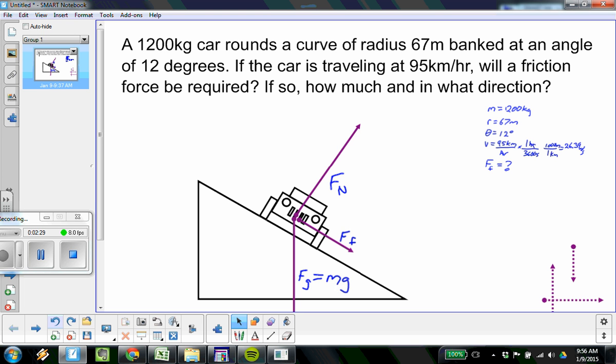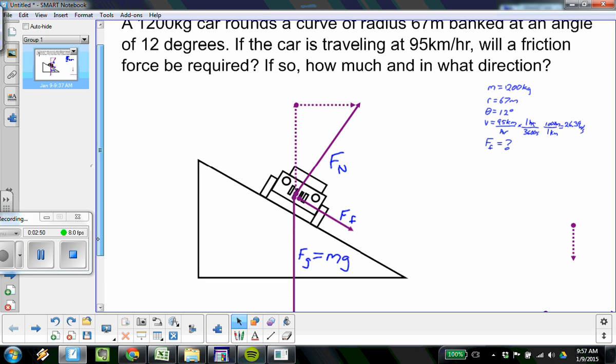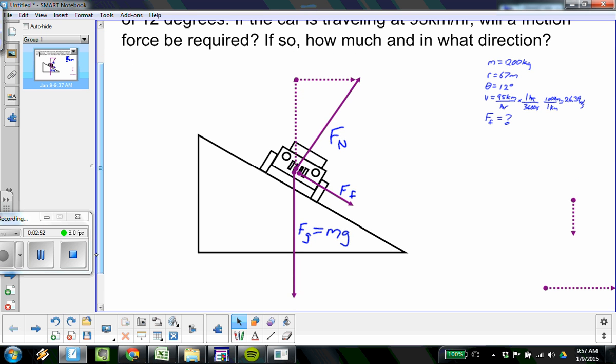And the normal force, well, right off the bat, we can say that it has some components. It has a vertical component, and it has a horizontal component. Then we can also say the same thing about the force of friction.